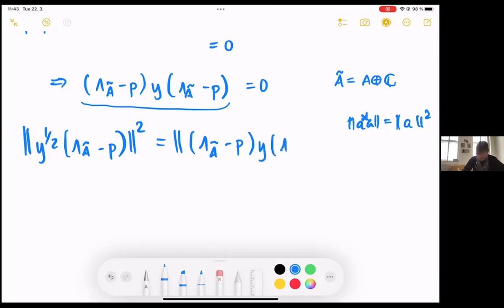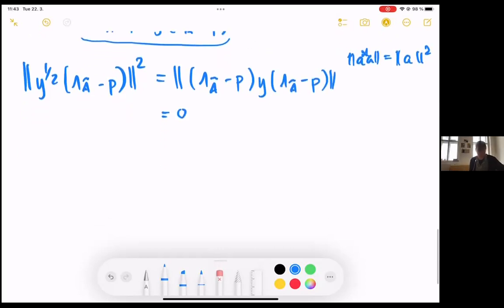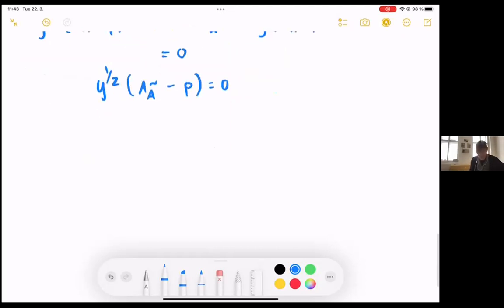So we get this, which is 0, which tells us by positive definiteness of our norm that this is 0. So Y half is equal to Y half P.